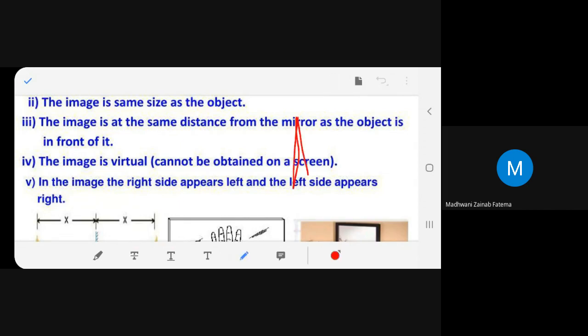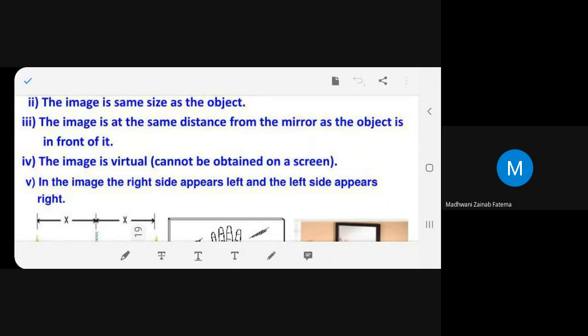This is the mirror. You are standing here. The image will be formed here. So this distance and this distance are the same. Good.